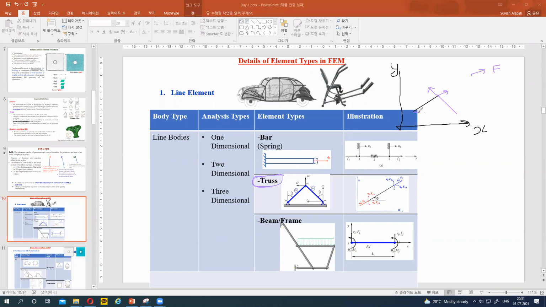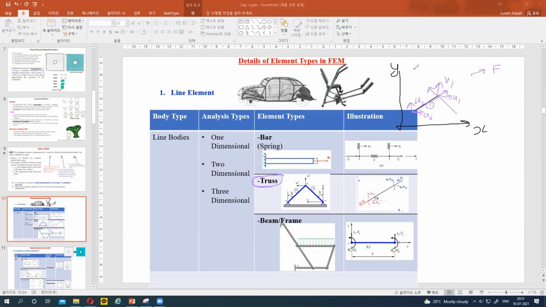A truss element is nothing but orienting this element in the global coordinate system, and we have to find at each node u1. Suppose this one is the first node, we have to find u1, v1 and u2, v2. At each node we have 2 degrees of freedom in a 2-dimensional truss problem.